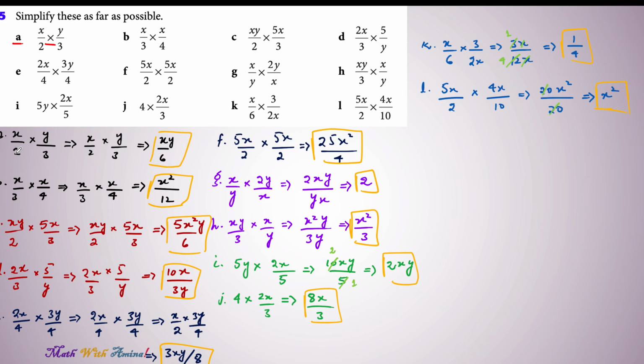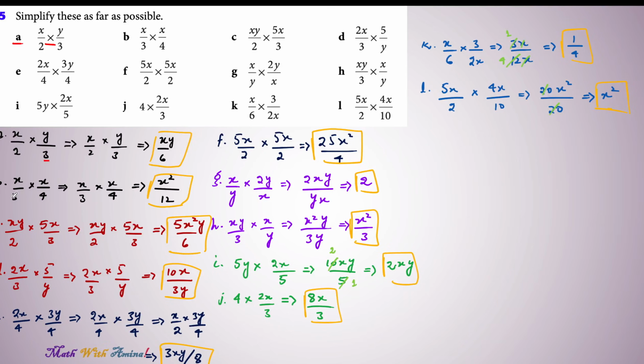In the denominator, the first fraction has 2 and the second fraction has 3, so the denominators get multiplied with each other. We get 2 multiplied by 3, which is equal to 6. So xy over 6 will be the simplified form of this expression.